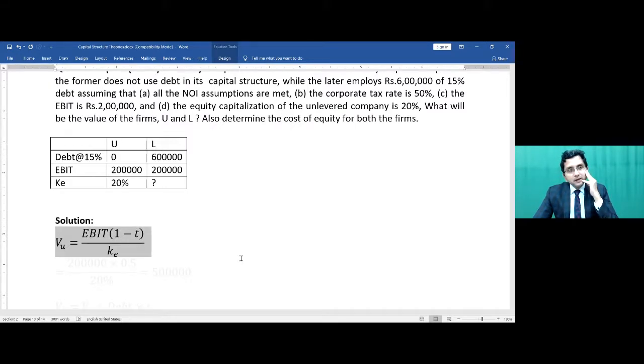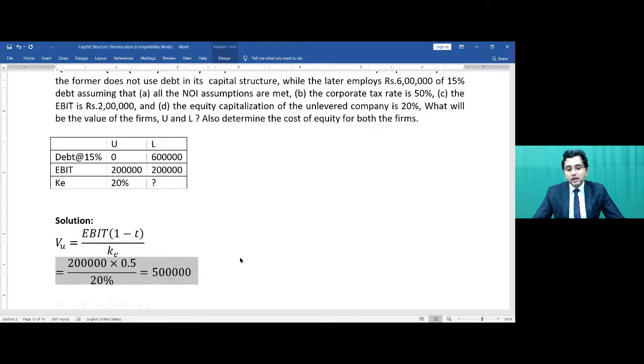So EBIT multiplied by 1 minus tax rate will directly give you earnings available to equity shareholders. Divided by cost of equity, you will get the market value of equity. There is no debt, so market value of equity and market value of firm are one and the same thing. So the value of the unlevered firm can be calculated like this.